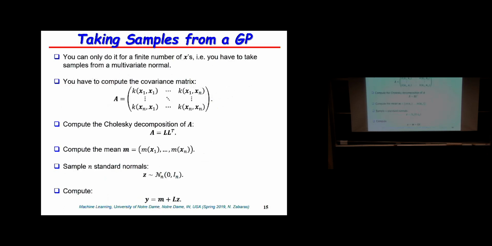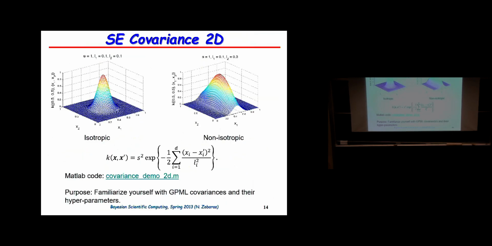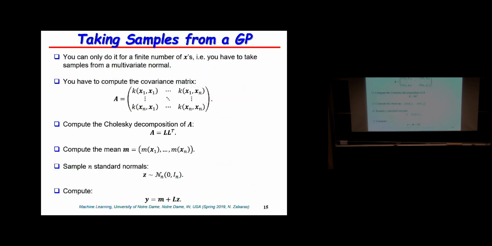You may now ask, how do you draw all these samples that I had here? What is the algorithm to sample from a Gaussian process? You remember, if you take a finite set of input points, the y's follow a multivariate Gaussian, so the only algorithm you need in place is sampling from a multivariate Gaussian.